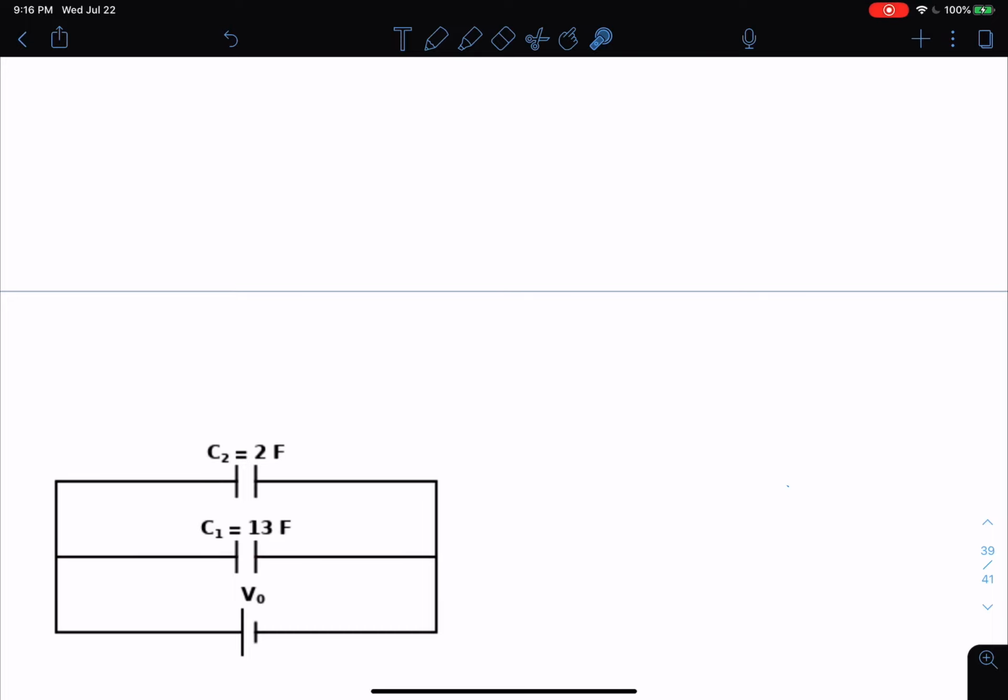These are mutually exclusive paths. The charge can only take one or the other. It can't take both. So they're mutually exclusive paths. And that makes the paths parallel, and since there's a capacitor on each path, those two capacitors are connected in parallel.